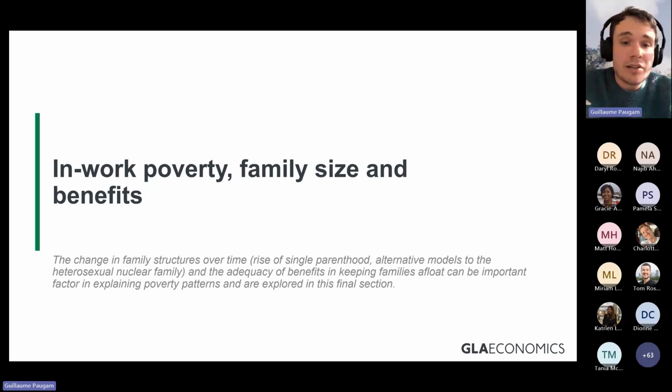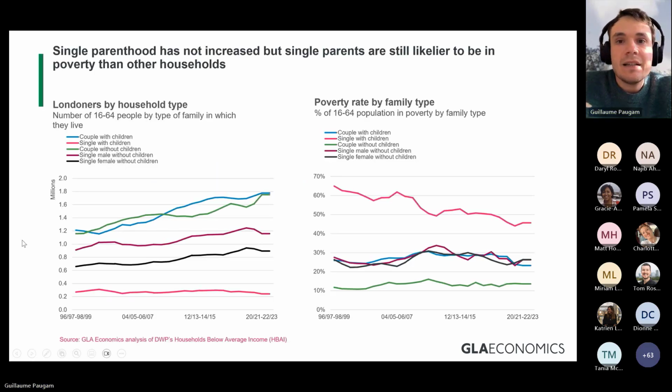And there are potential rationales for that. Single parents may be less able to work or to work full time because they have to care for their children as well. So that's a potential explanation. And I also wanted to explore the link between poverty and family size in the context of the number of children, particularly given the benefit cuts in the past decades that have affected larger families disproportionately.